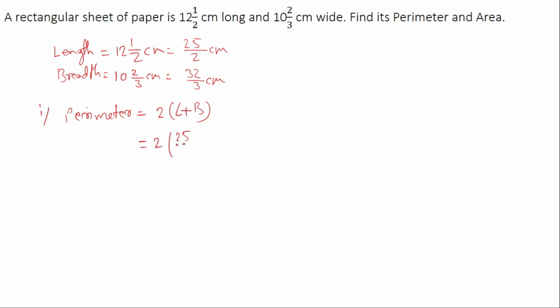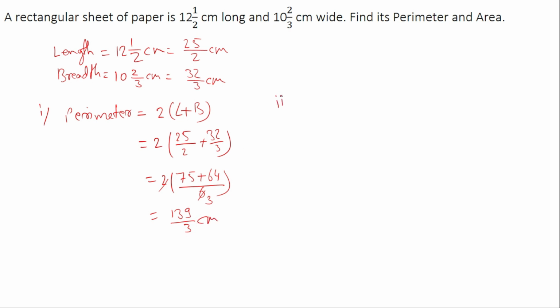It will be 25 by 2 plus 32 by 3, or it will be 75 plus 64 by 6, that means 139 by 3 centimeter. If you want, you can change it into a mixed fraction.